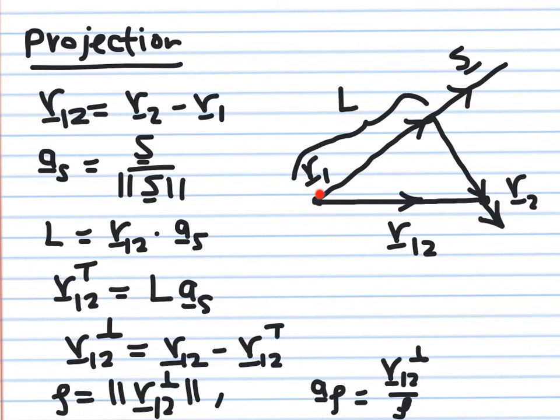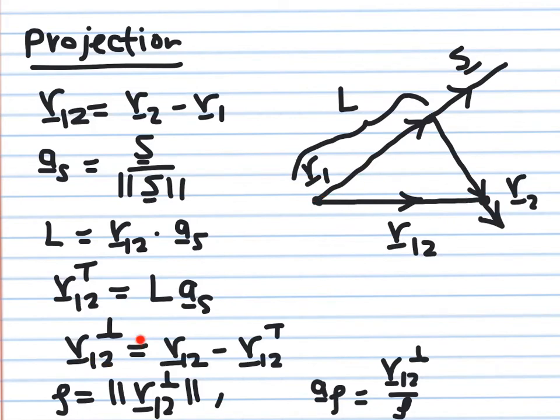Now, once I found the length L, I know this vector here, which I called R1,2 tangential. R1,2 tangential is equal to L multiplying AS. So once I found R1,2 tangential, I can get R1,2 normal, because R1,2 normal is equal to R1,2 minus R1,2 tangential.